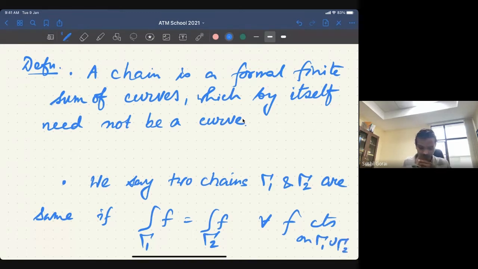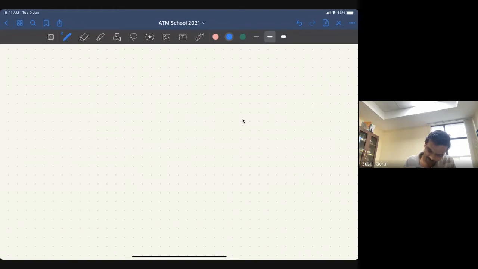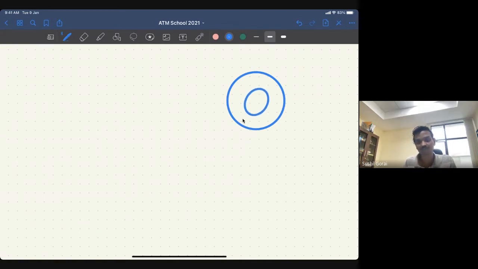So what does this mean? First of all, we have to define what it means. We did not define that yet. So let me define that. Let's look at another example. Right? Annular region. So this is one curve, gamma 1, and this is one curve, gamma 2.